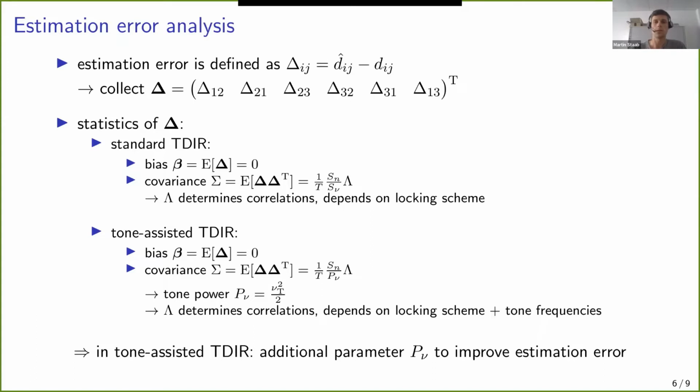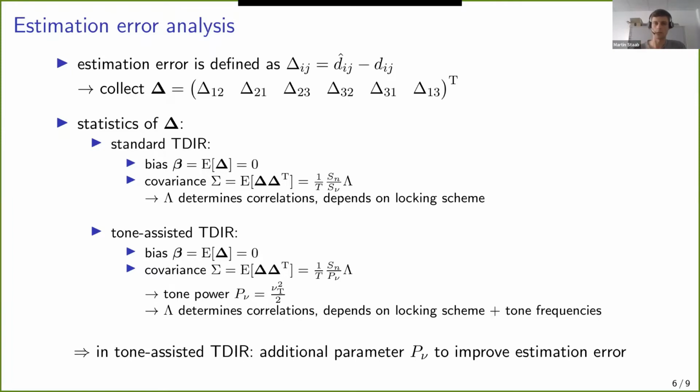T is the observation time, so the higher we choose our observation time, the better our estimates are. N is the level of secondary noises, and nu is the level of laser frequency noise. So basically we are driven by this fraction.